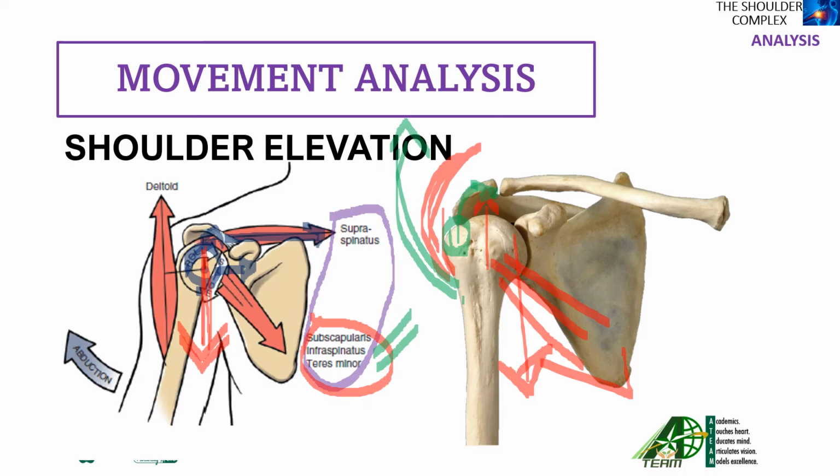However, if it externally rotates during abduction, for example, at approximately 90 degrees of abduction, the supraspinatus and infraspinatus are externally rotating the humerus, the greater tubercle will not hit the acromion process because it will go posteriorly. Okay, compared to this view. Compared to this view. Okay, that's why it's also important.